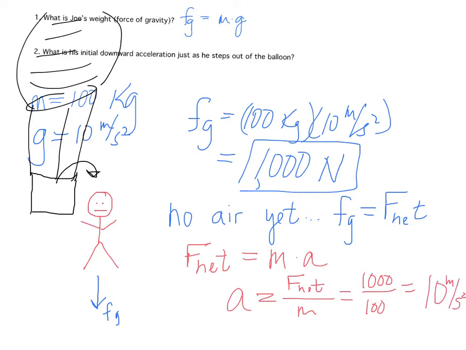We know that the only reason that Joe the skydiver is accelerating is due to gravity, and since we don't have any air resistance yet, the acceleration right when he steps out of the balloon is going to be gravity. So it's a little bit of a trick question, but the reason that you end up right back with 10 is because we don't have any air resistance just quite yet.